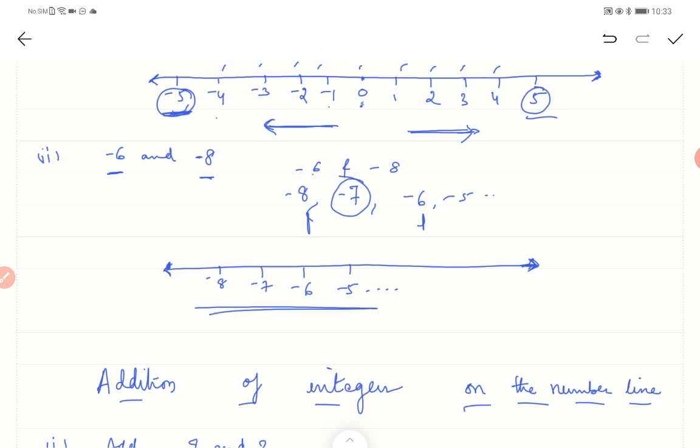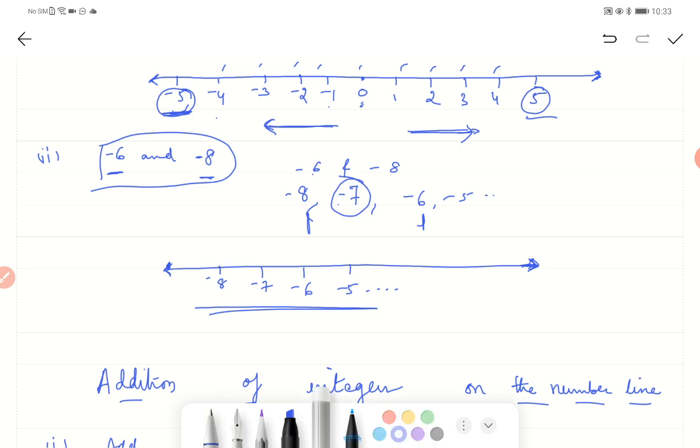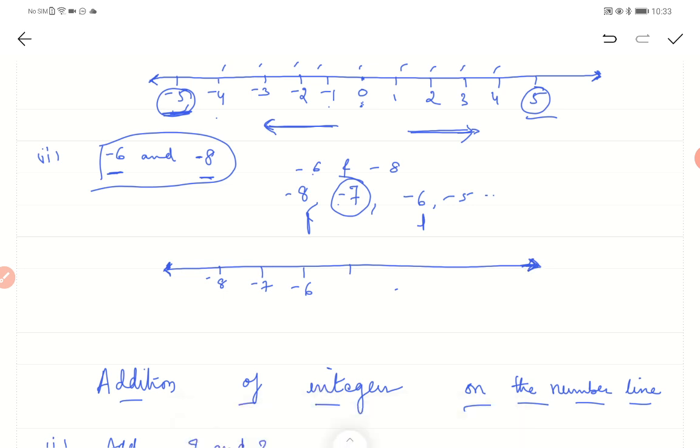They have just asked you to plot on the number line these numbers: minus 8, minus 7, minus 6. That's all. This arrow mark indicates you have many more numbers.